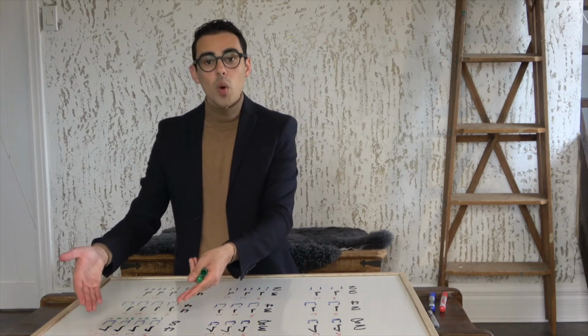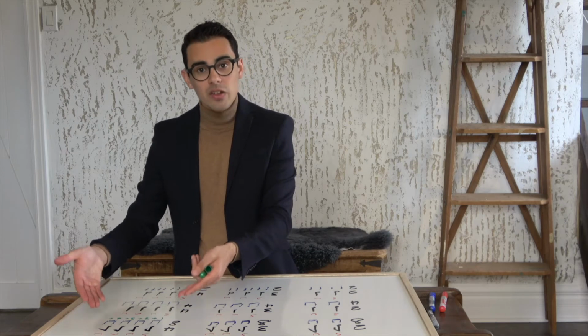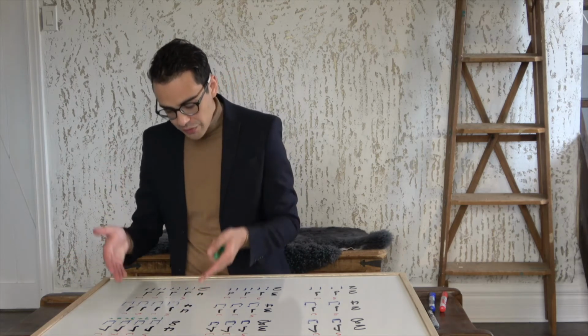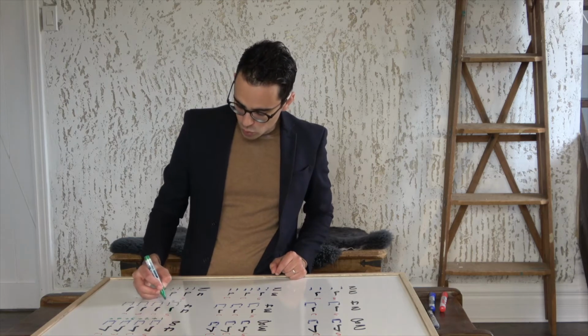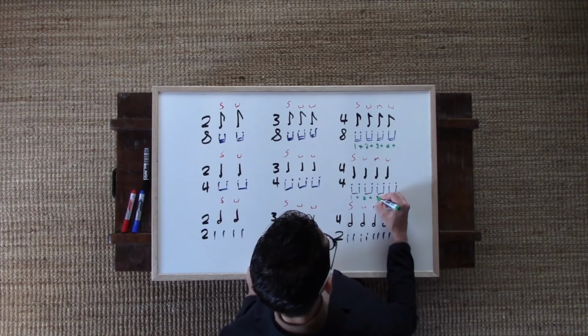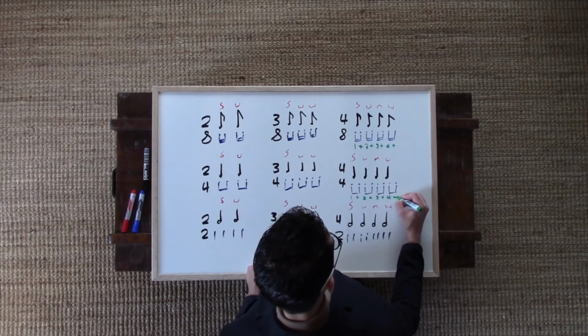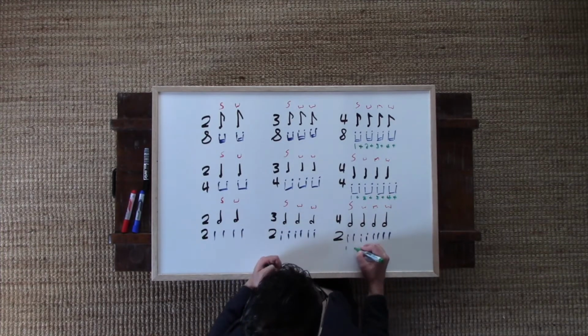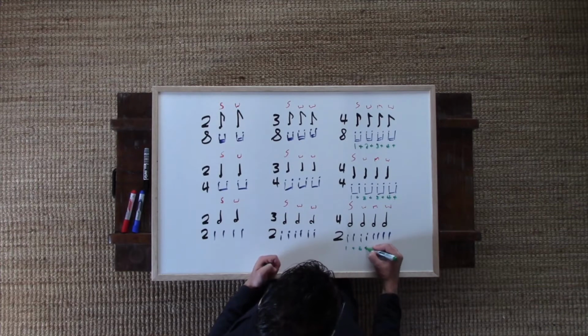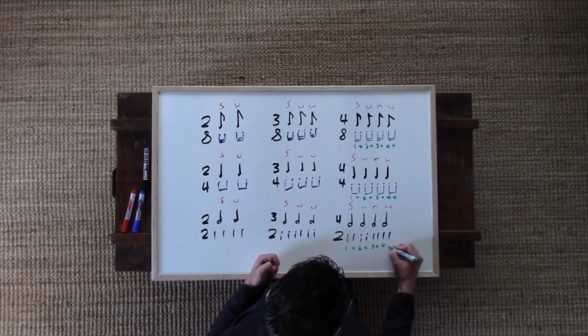I would be saying 1 and 2 and 3 and 4 and in 4/8 time. If I was in 4/4 time, I would also be saying 1 and 2 and 3 and 4 and. And if I was in 4/2 time, I would also be saying 1 and 2 and 3 and 4 and.